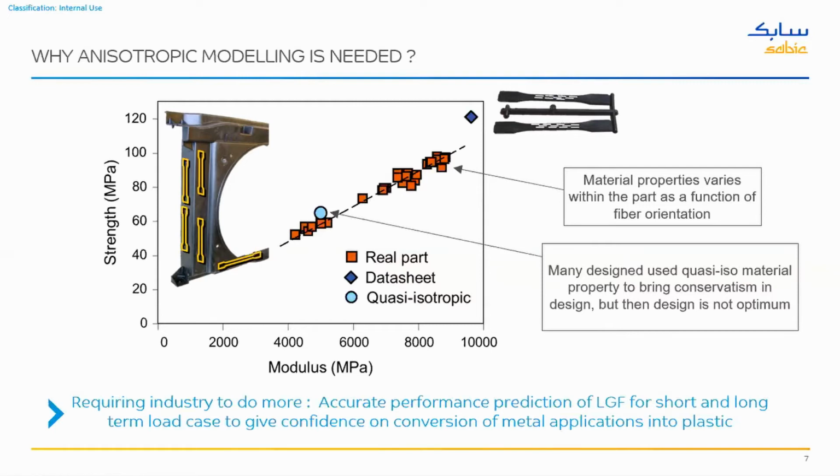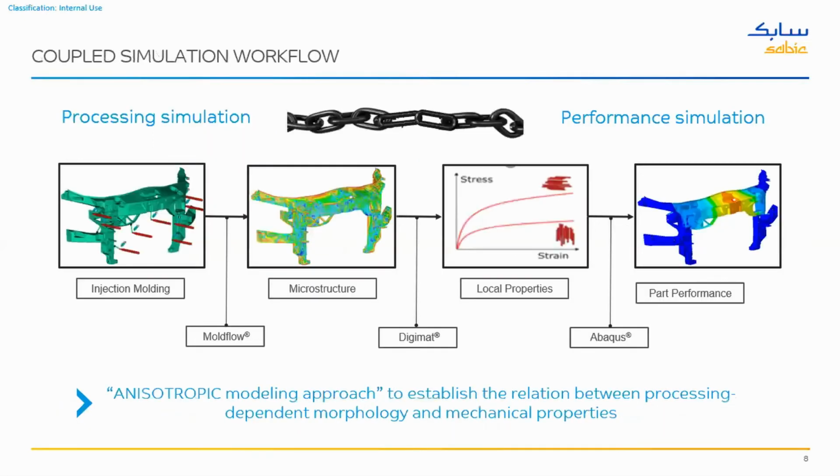One way to achieve this, by incorporating such process-based material properties into the design of the part, is coupled simulations, and that's what we have targeted in this study. What we do in the coupled simulations is an anisotropic modeling approach to establish the relations between the processing, the morphology, and the mechanical properties.